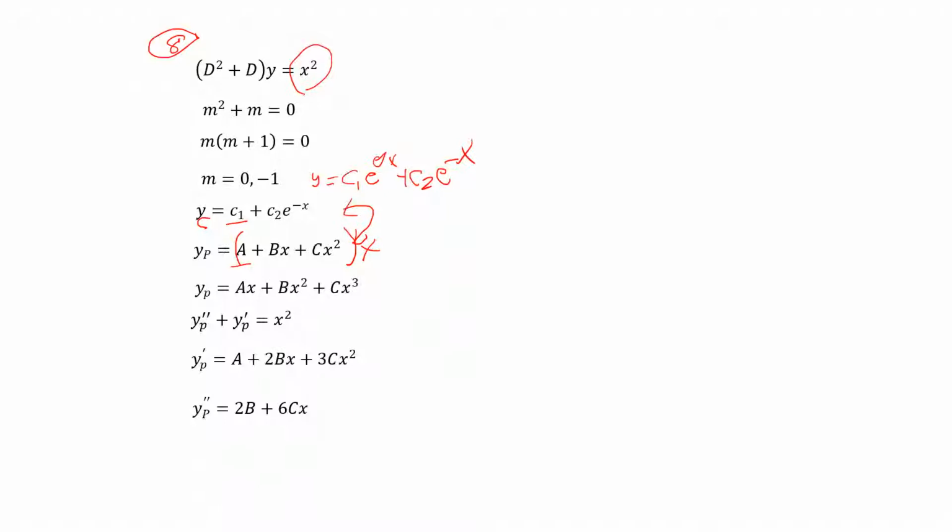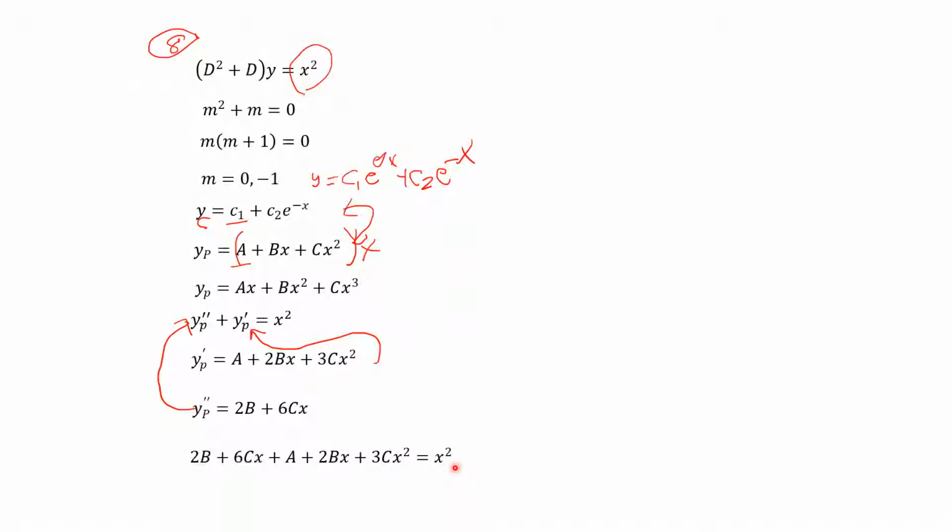Okay, notice that you will have to plug this equation there and plug this equation there in order for you to get the values of a, b and c. So plugging, you have already 2b plus 6cx plus a plus 2bx plus 3cx squared equals x squared.